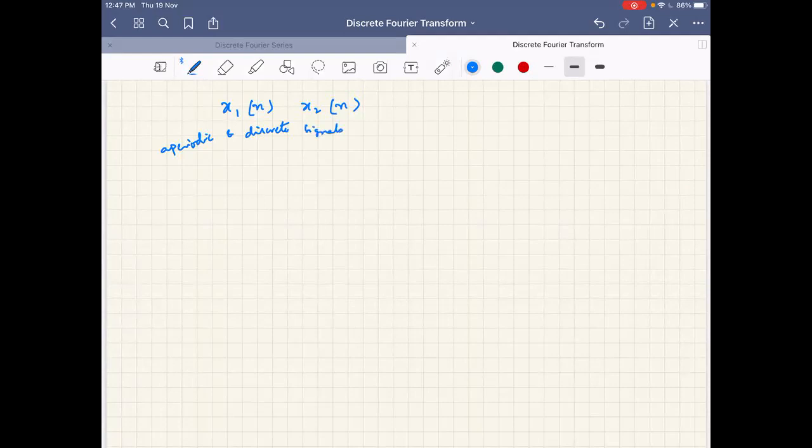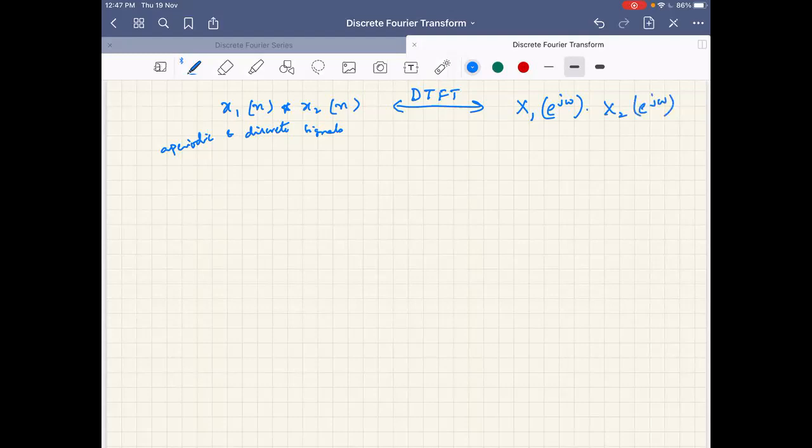In that case, if we perform convolution here, what will happen in the frequency domain depends upon what kind of transform we take. Say if we take the discrete time Fourier transform, what do you expect? Since these are aperiodic and discrete signals, we will have X1 of e power j omega, the discrete time Fourier transform, multiplied with X2 of e power j omega.